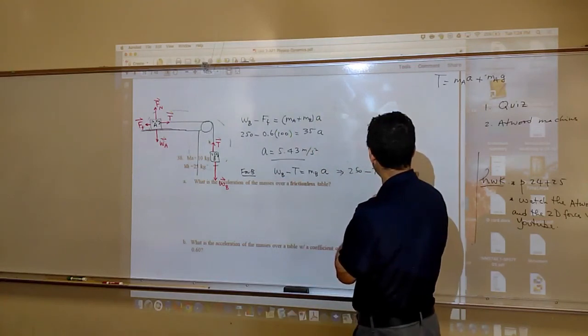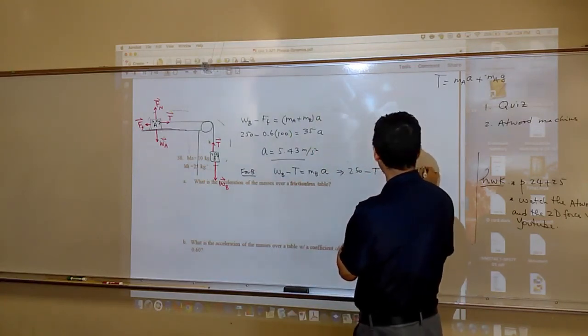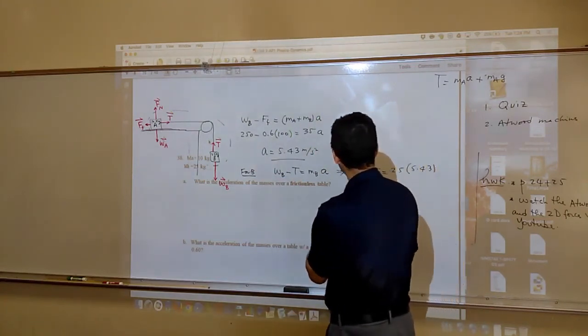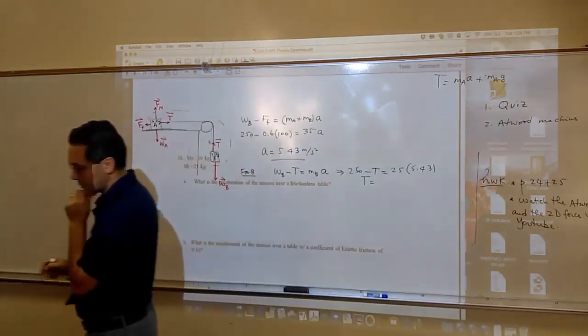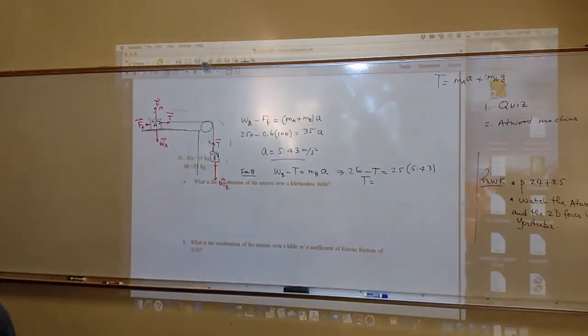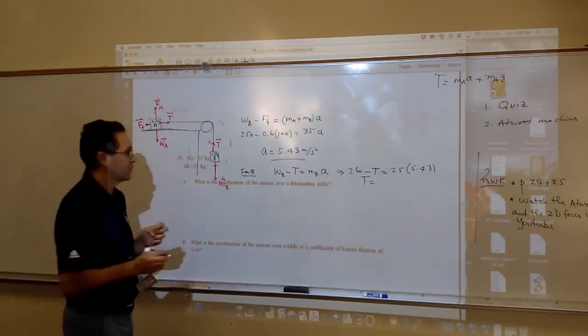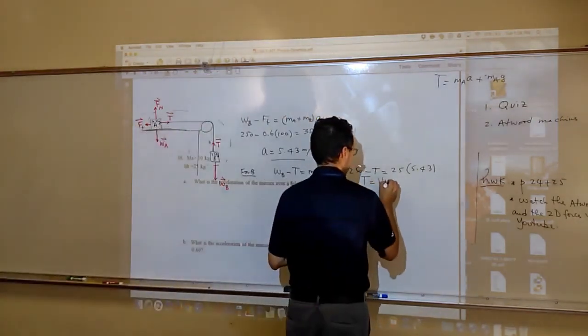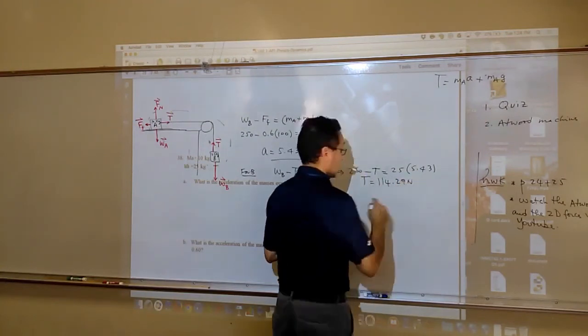The mass of B is 25 times the acceleration, which is 5.43. Then you get a tension that's equal to 114.29 newtons. It's as simple as that.